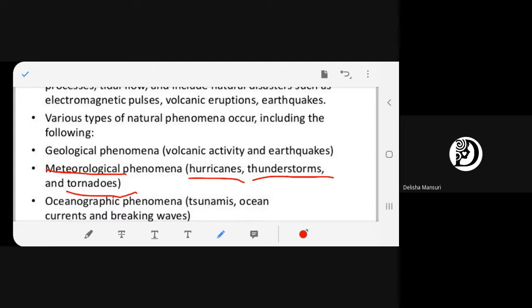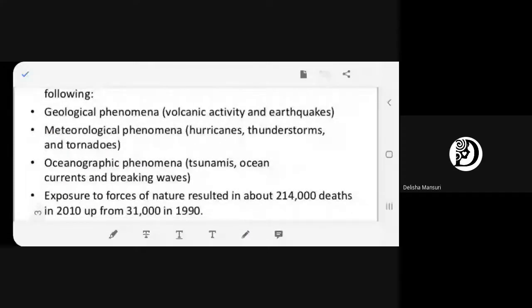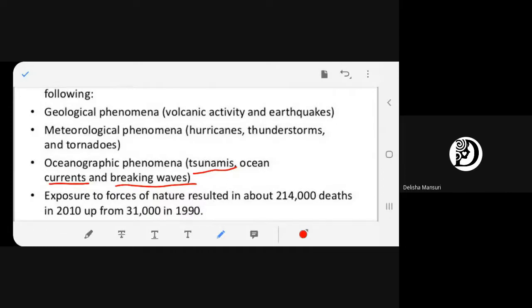Okay. The third one is concerned with ocean or oceanographic phenomena. What are these? Tsunamis, the currents, and the breaking waves. These cause lots of damage to the people as well as property. Is it clear? Now, what it shows is that if we are exposed to the forces of nature, we are at the mercy of nature. There was a death toll of 2,14,000 in 2010.